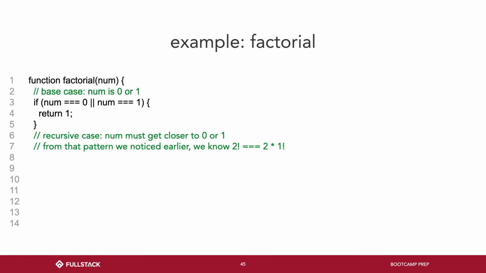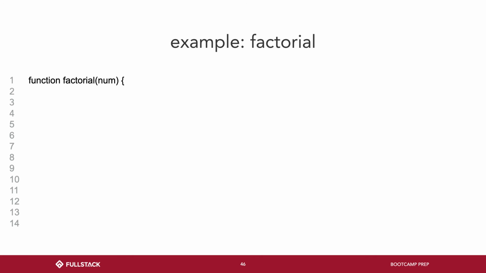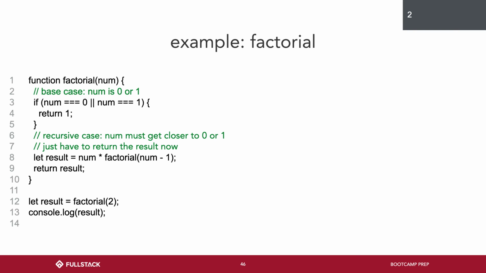But over here, we do factorial of num minus 1 times num. So that's 2 times factorial of 1. So that's why we get that 2 in the console. But result is still undefined. It's because our function isn't returning anything, okay? So what if we just say let result equal to num times factorial of num minus 1, and we return the result. Now result is 2, okay?